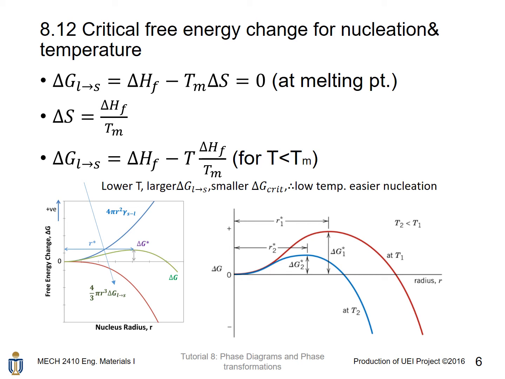At the melting point, this will be equal to 0, and therefore we rearrange the terms and we get delta S, the change of entropy, equal to this constant. And for temperatures below the melting point, the free energy change is equal to this expression.